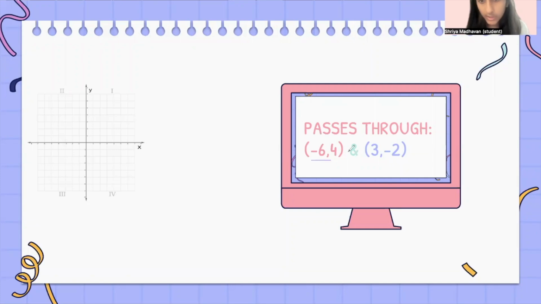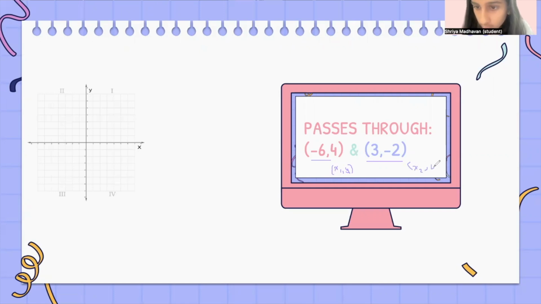So now let's solve for our slope again. So y2 minus y1 divided by x2 minus x1. This will be x1 comma y1, and this will be x2 comma y2.